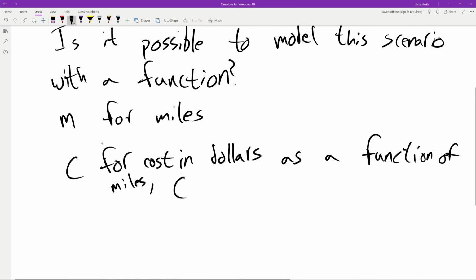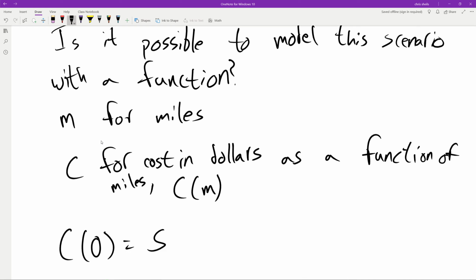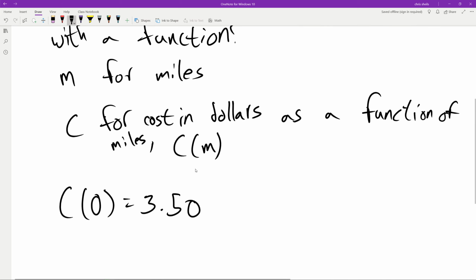Then I could refer to this function as C of M. Well, I know that C of 0 is $3.50. I know that C of 0 is $3.50 because I pay this $3.50 drop charge regardless of how many miles the taxi drives. Then for each mile, I add $2.67 to this cost.